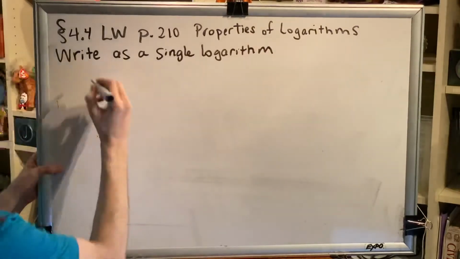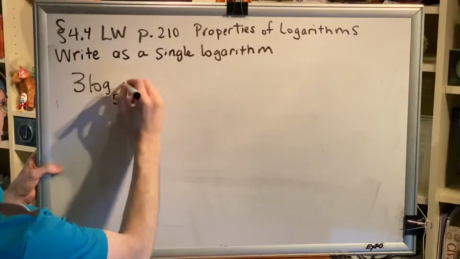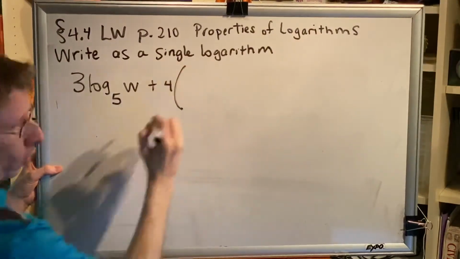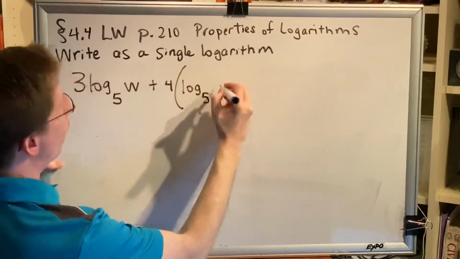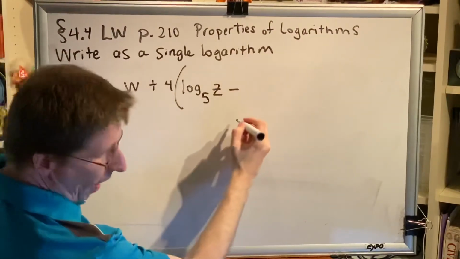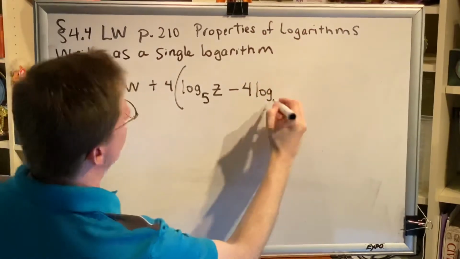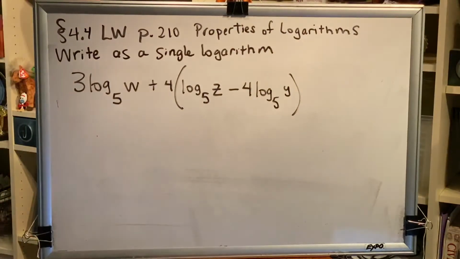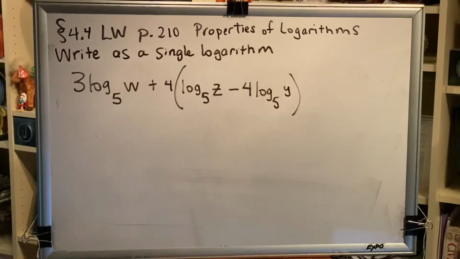And we have 3 log base 5 of w plus 4 parentheses log base 5 of z subtract 4 log base 5 of y. Okay, so as you can see, we have logs all over the place. 3 different logs. All we want is 1.